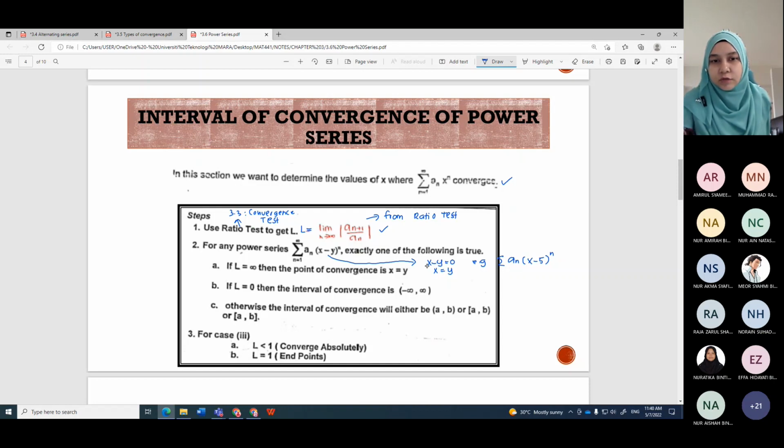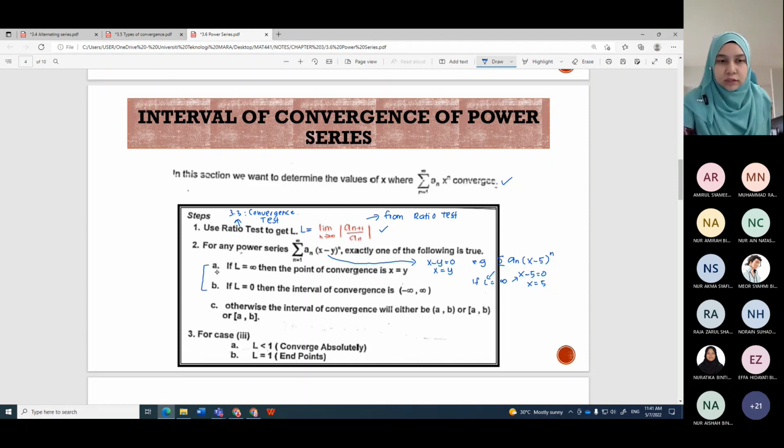So if L is equal to infinity, we refer kat sini, x minus 5 is equal to 0, so x equal to 5. L is equal to infinity, so x is equal to 5.